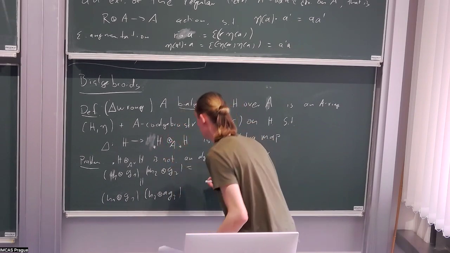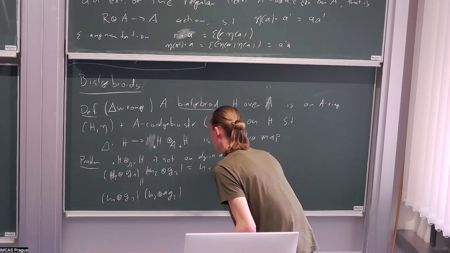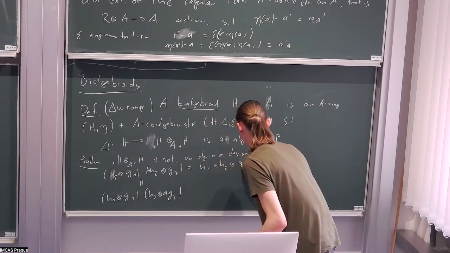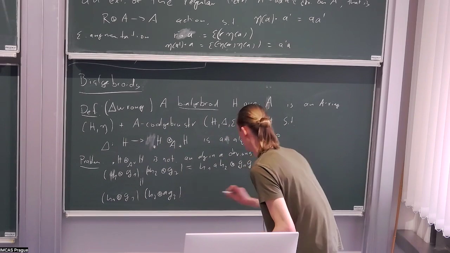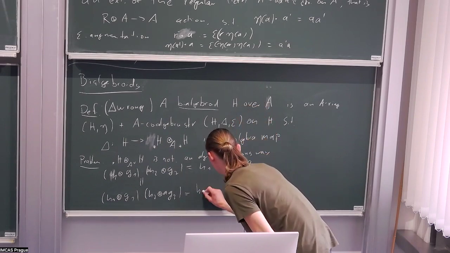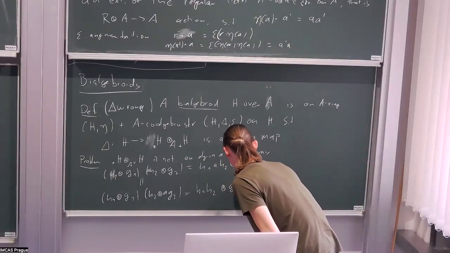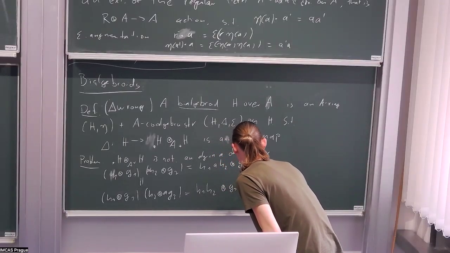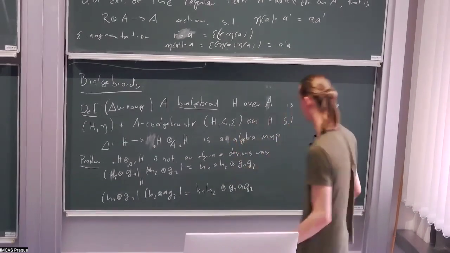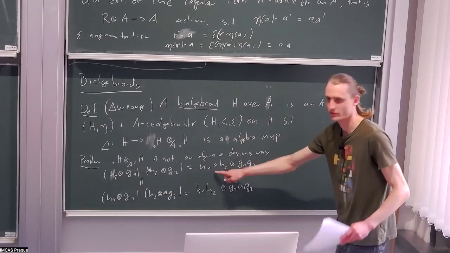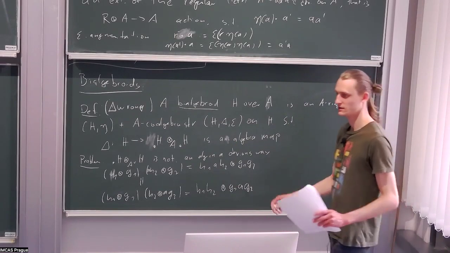But this guy up here is H1 A H2 tensor G1 G2, while this guy here is H1 H2 tensor G1 A G2. And so you see there's no way to bring this A across here.